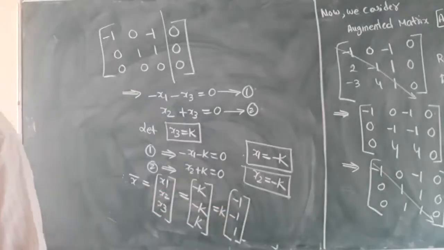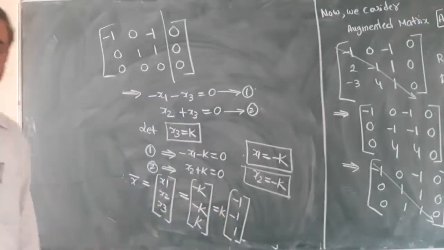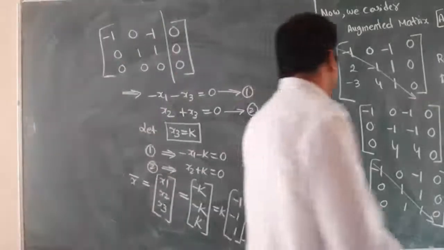That's all. This is the eigenvector corresponding to lambda equal to 4.